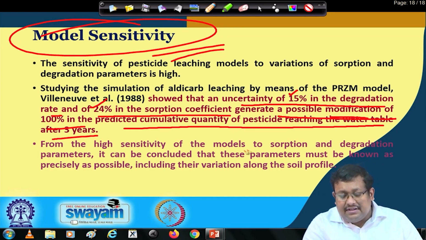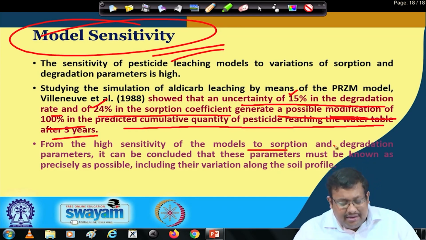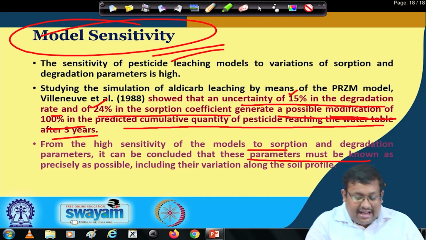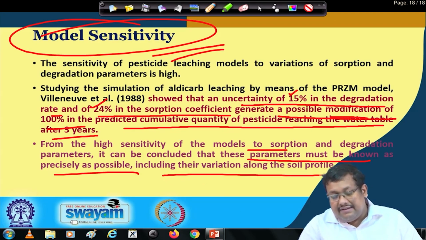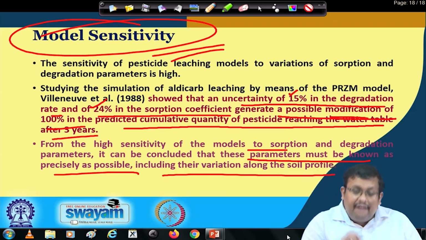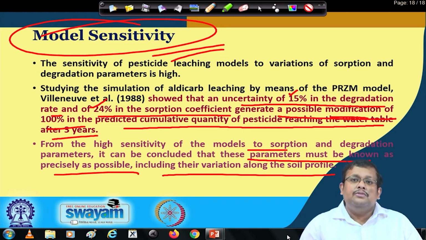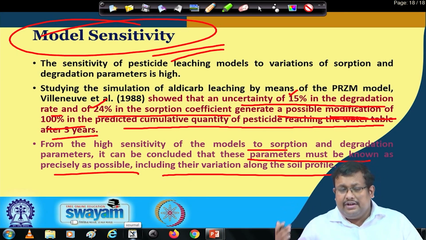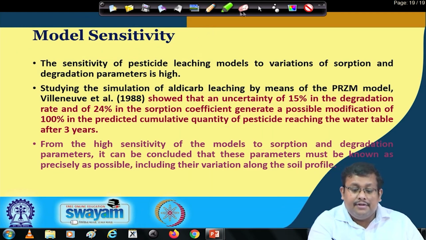Now, from the high sensitivity of the models to sorption and degradation parameters, it can be concluded that these parameters must be known as precisely as possible, including their variation along the soil profile. If possible, measure. If it is not possible to measure, use values which are as precise as possible to get a better simulation of the fate of transport of the pollutant in the soil.